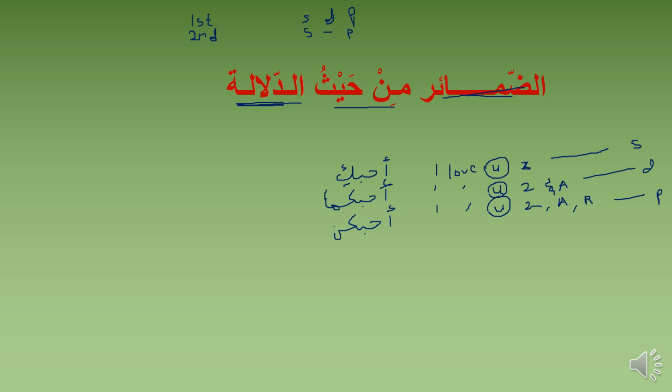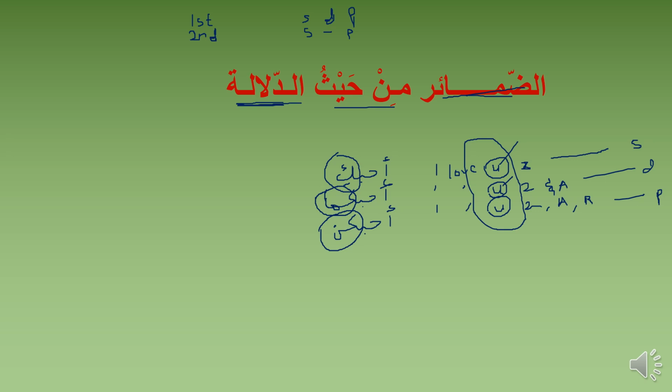In the first one, we have ki for singular. In the second one, we have kuma for dual, and in the last one we have kunna for plural. But in English, it's just you: I love you, Zainab; I love you, Zainab and Aisha; I love you, Zainab, Aisha. All are you, used for the three.